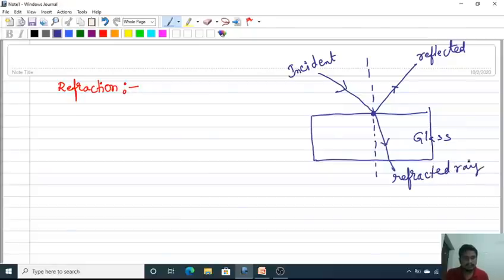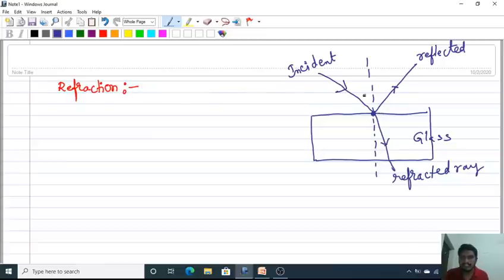So what happens to this ray of light here? I am talking about the refracted ray. When a light ray travels from one medium to another medium, it bends. Its direction and speed of light change at the interface.